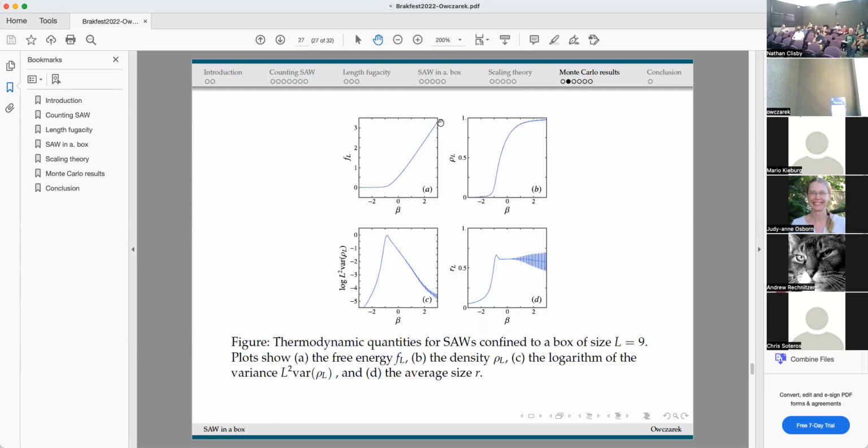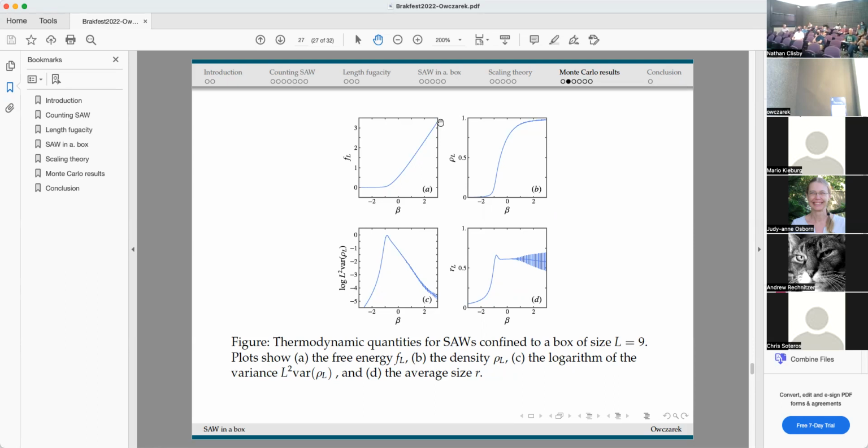There's some extra things on this plot. I probably should have taken them off, but just look at the top two. The top two are the finite length free energy, and the density. And you can see that up to some value, which is about 0.97, which is the log of 2.6, minus that, I should say, the free energy is a constant of 0, and so is the density.